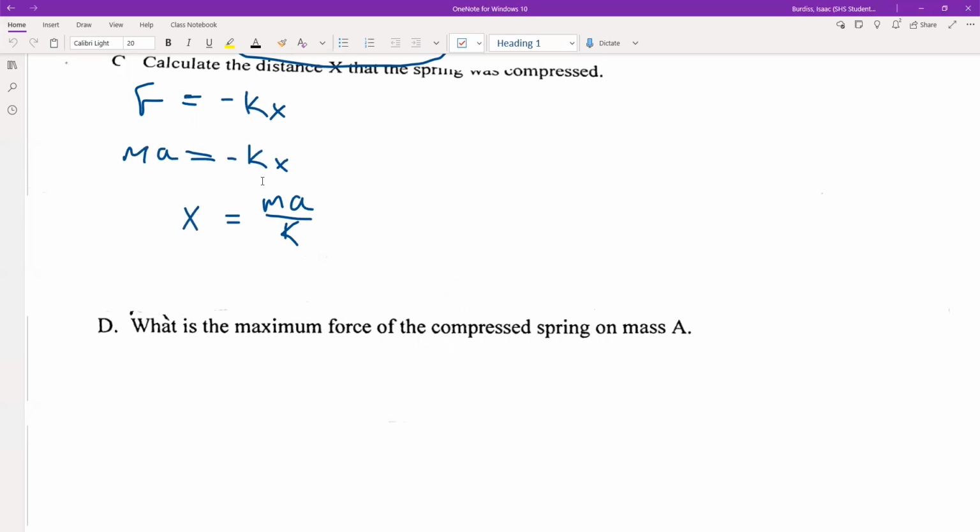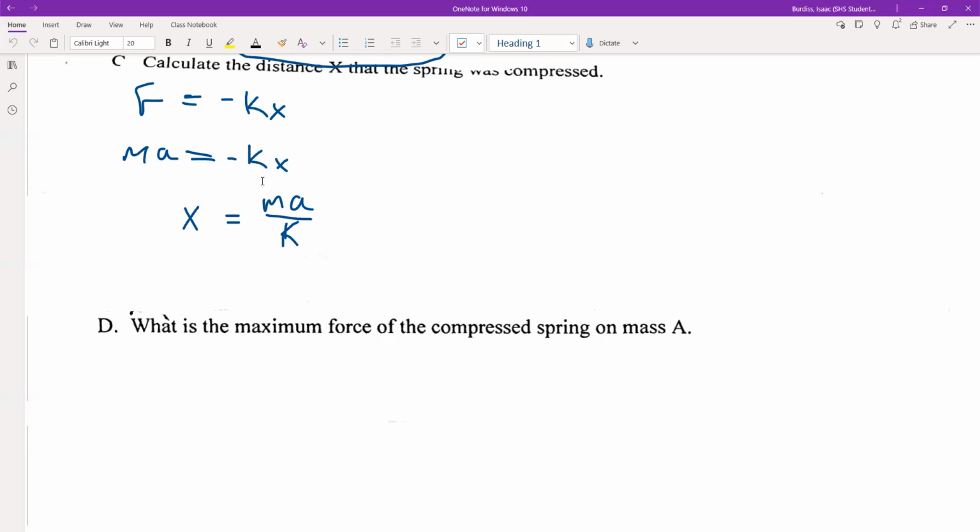And distance, we're assuming that it's the magnitude, because distance is a scalar, not a vector, so we don't need to make this k negative anymore.